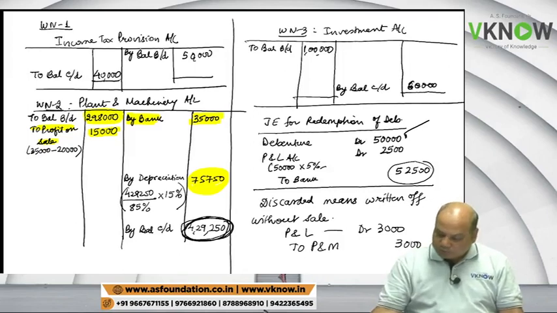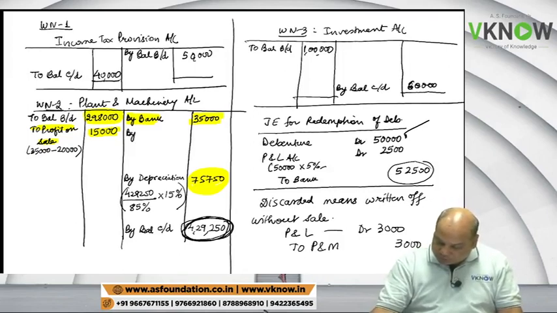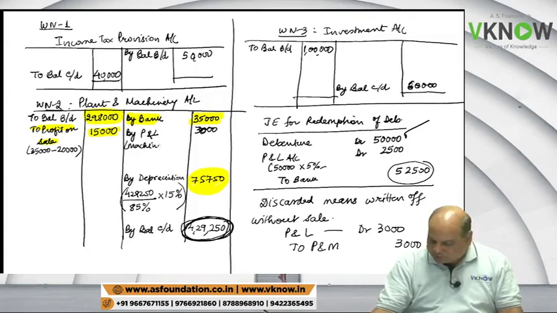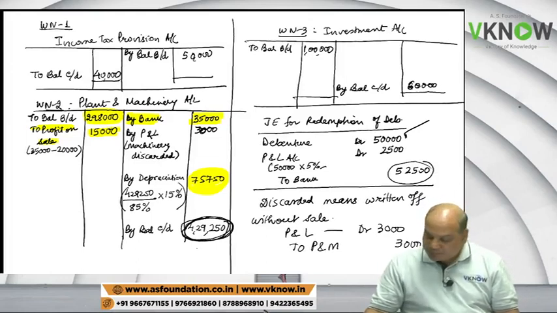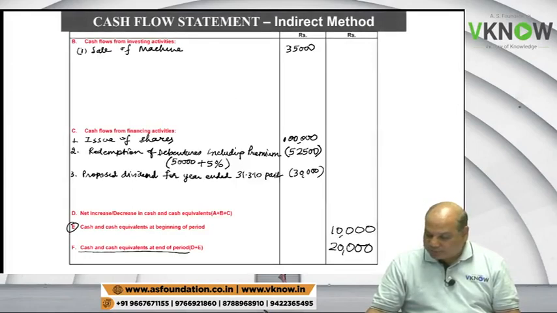So what I'll do, first I'll go to plant and machinery credit side, by P&L account 3,000, machinery discarded. And it is a non-cash item.